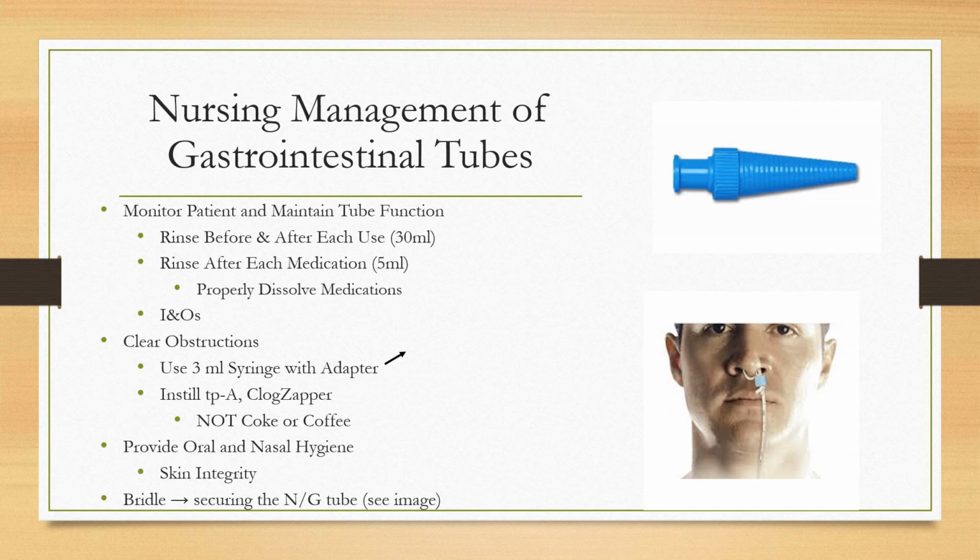That's just a way of securing the nasogastric tube, because often they become dislodged, right? So it gets caught on the bed, someone moves, and suddenly, before you know it, the nasogastric tube has been pulled out, and now the patient has to endure the insertion of another one. So it's just a way of securing the nasogastric tube.